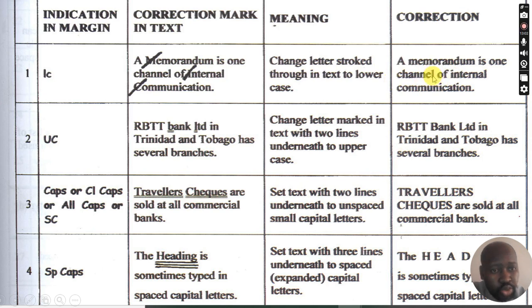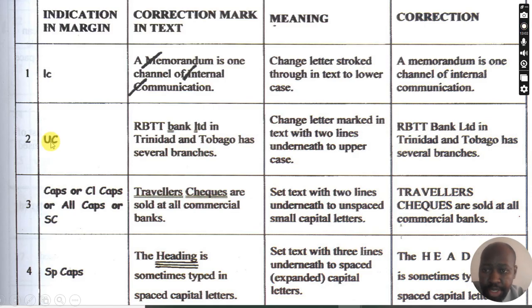So the result should look like this. The word memorandum has LC in the margin, and they strike through the letters M, I, and C. It means you must lowercase the letters. As you can see, the M was big here, the M is small here.